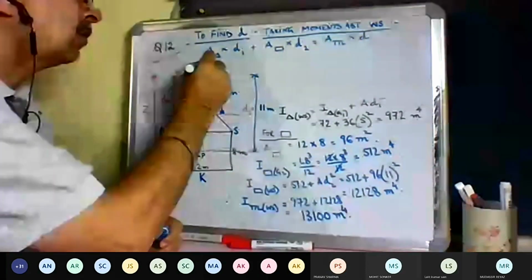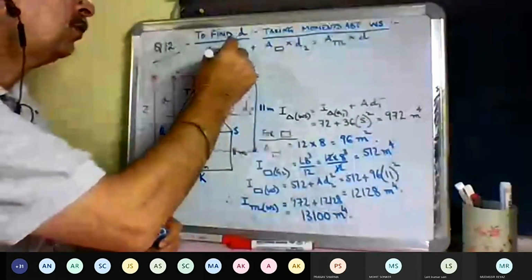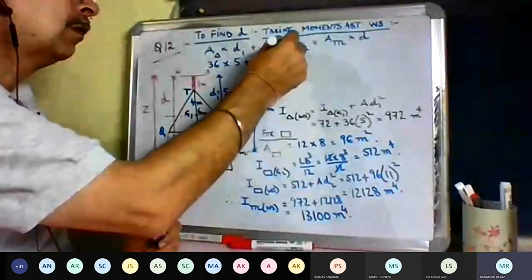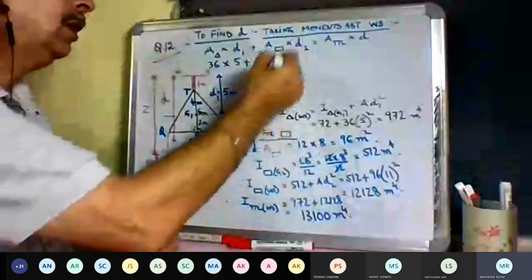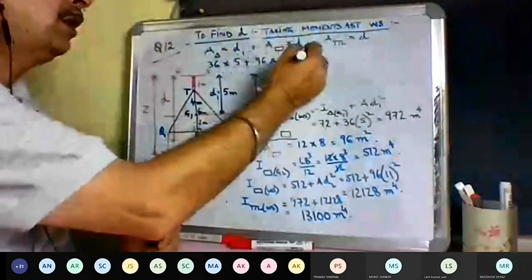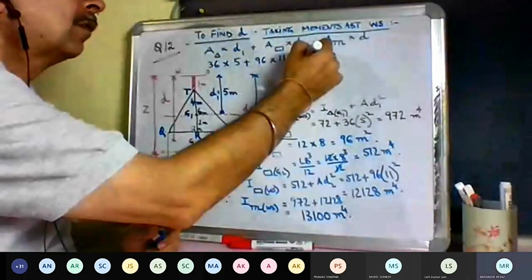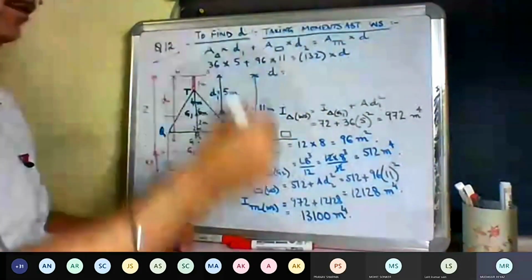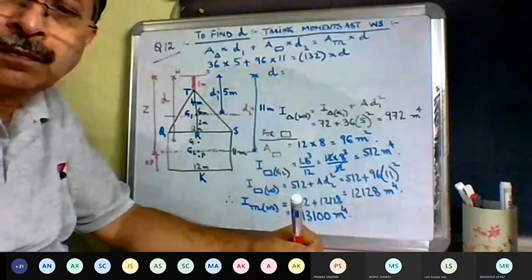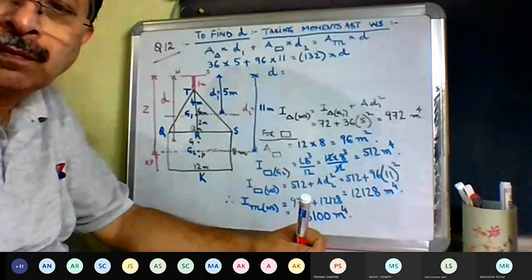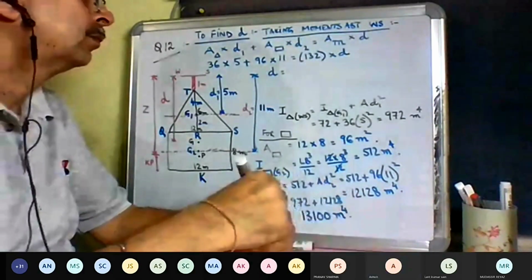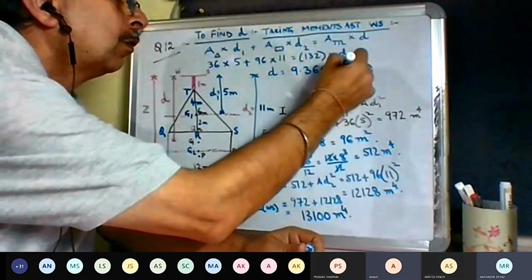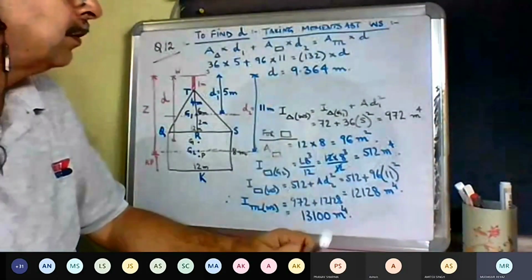So 36 into 81, D1 was 5, plus area of the rectangle 96 into 11 is equal to area total, 96 plus 36, 132, into D. So calculate D. 9.364. Everyone is getting the same. Yes sir, same. Yeah, 9.364.